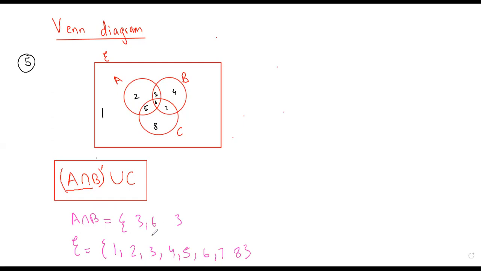I will be cancelling the elements of A intersection B. So 3 would be cancelled and 6 would be cancelled, and the remaining elements of the universal set would be in A intersection B whole complement. That is 1, 2, 4, 5, 7, and 8. This is what we are going to have in A intersection B whole complement.